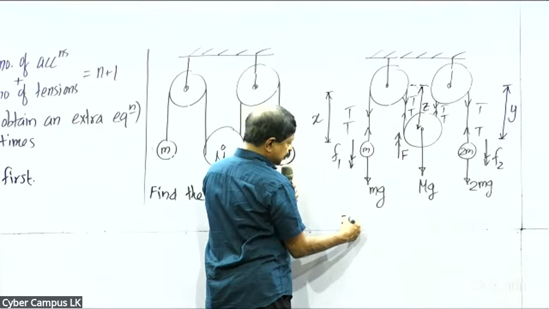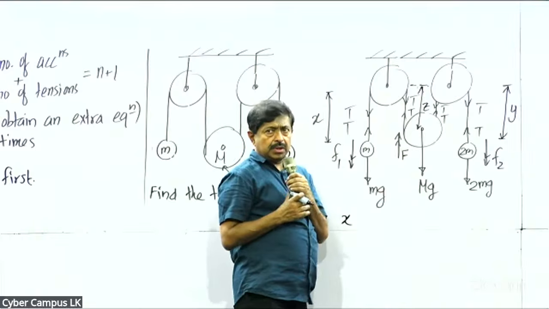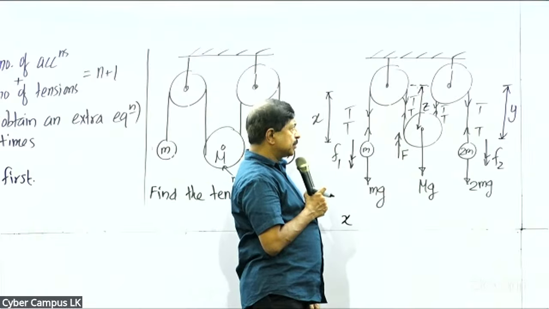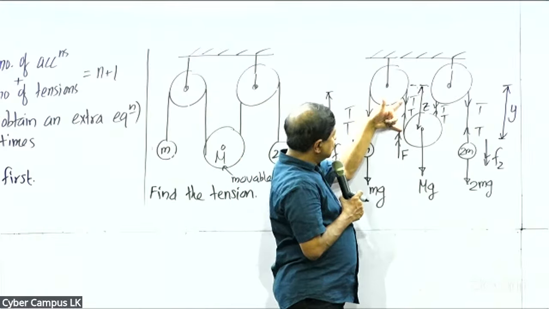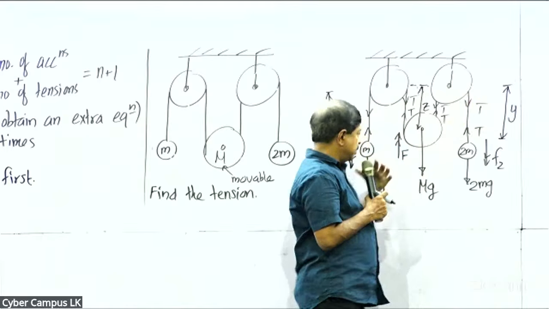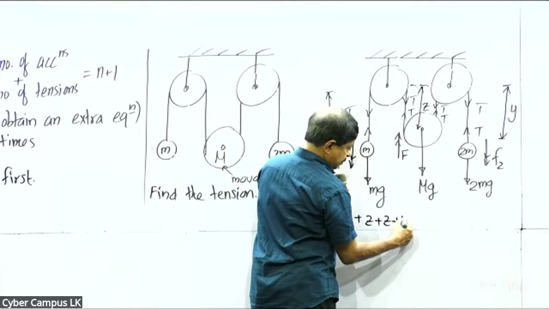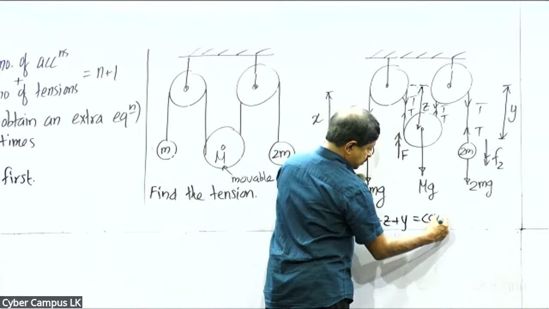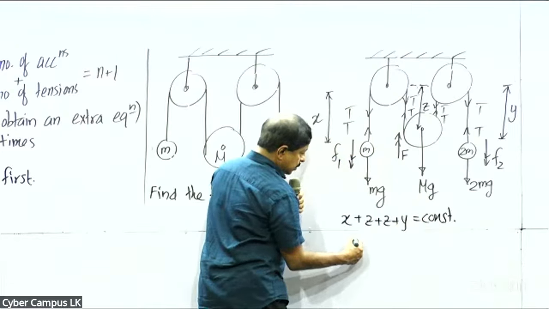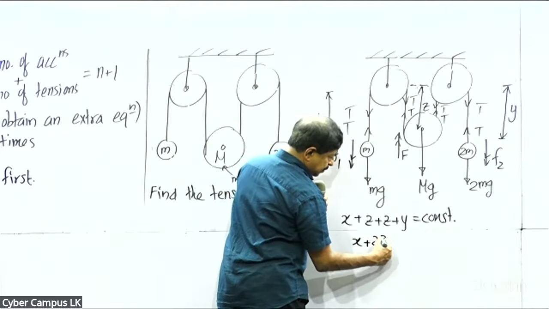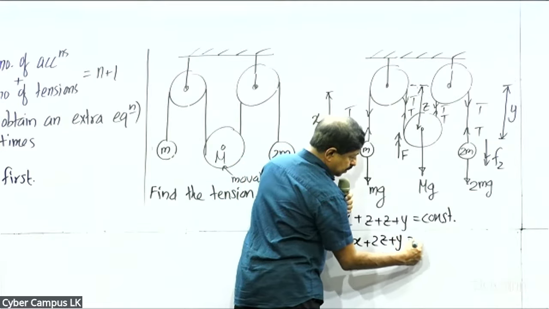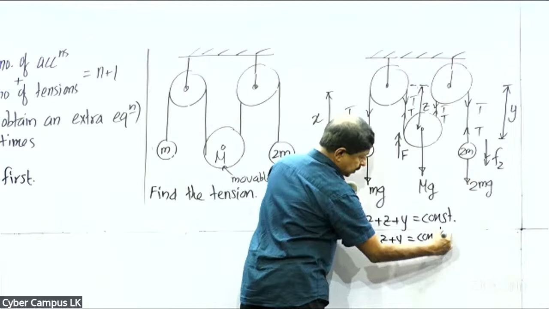We know that the length of the straight portions is constant. x plus 2z plus y is a constant.